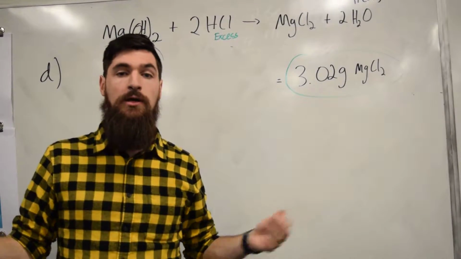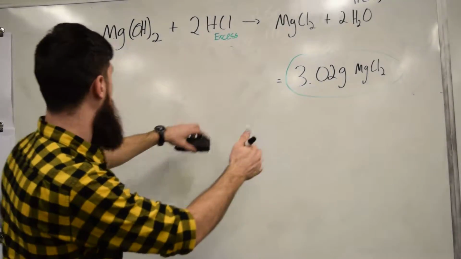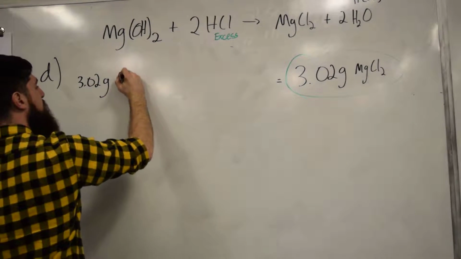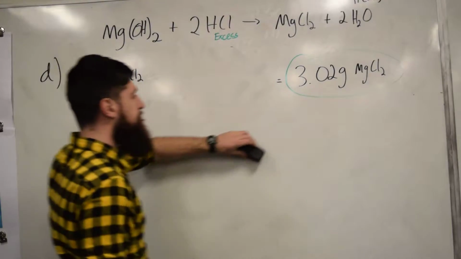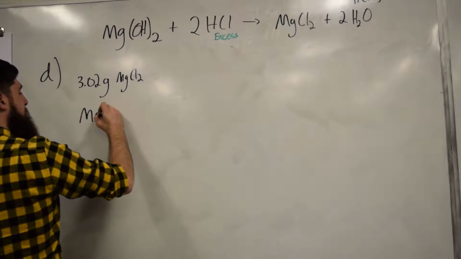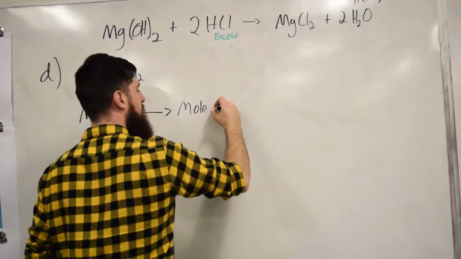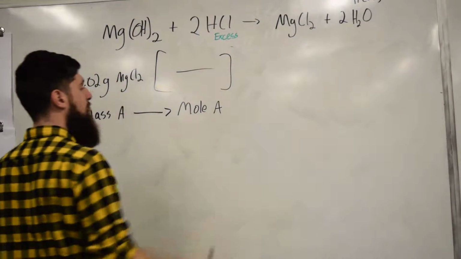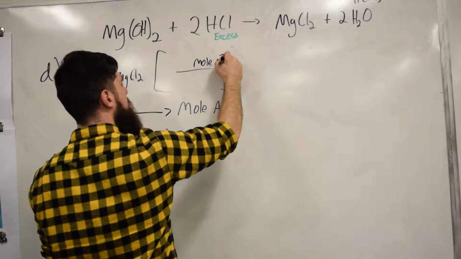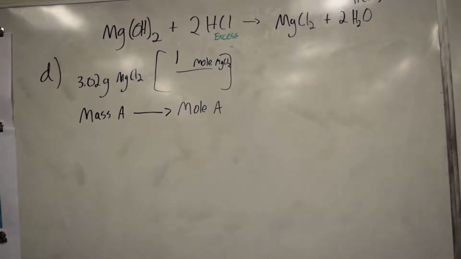How do we do that? First you have to see how much you actually consumed. So we take how much product we made, 3.02 grams of MgCl2, and this is our mass of A. You have to do each step. Go to moles of A. If we're trying to find the moles of this, we put moles of MgCl2 on top, and the molar mass goes on the bottom.